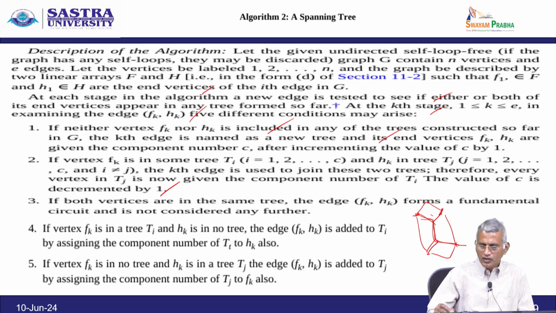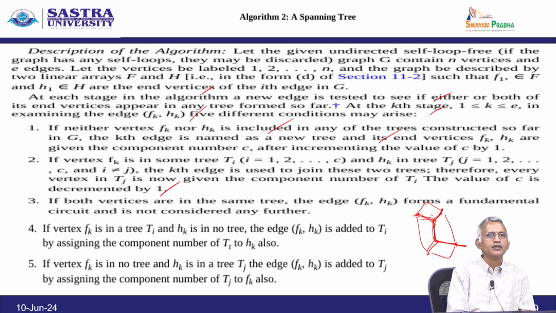So, you form a fundamental circuit, and if you join, this is one graph. A spanning tree from this covers all the vertices, and you have to work out the possibilities of connection.